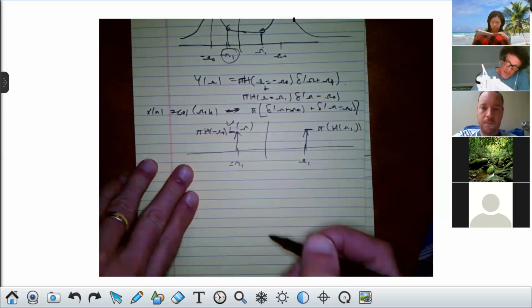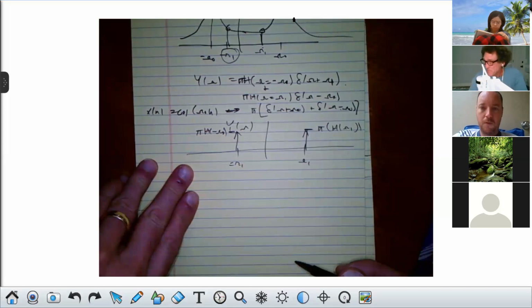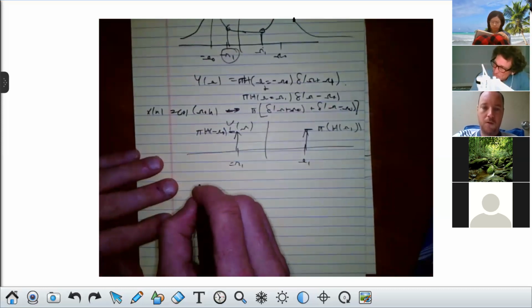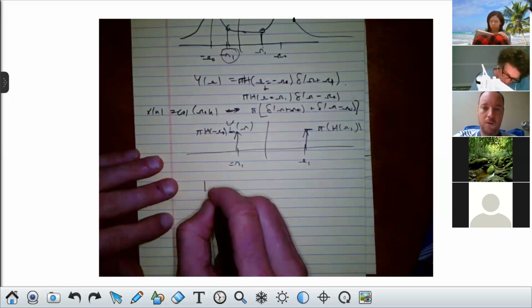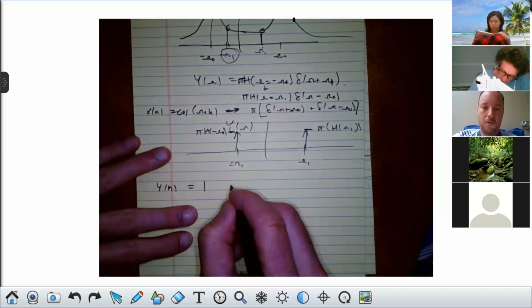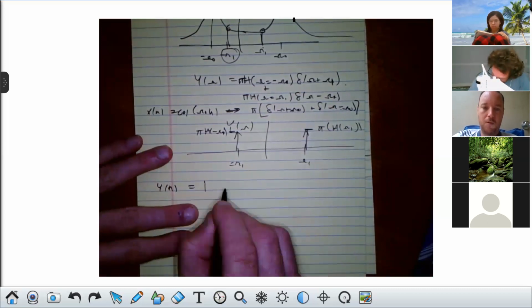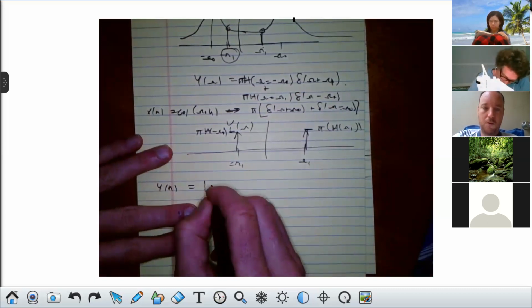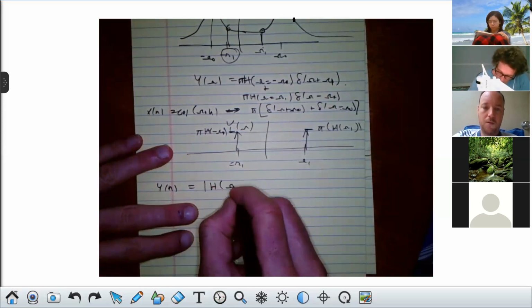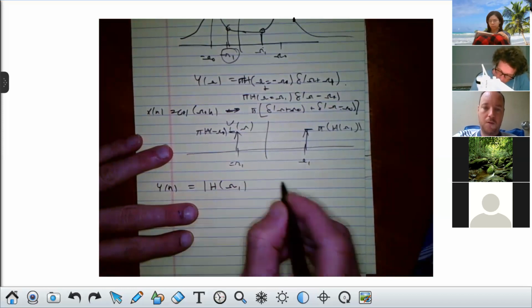Now, what does that translate back to in the time domain? Here's a beautiful thing. The only thing you get is this: your actual y of n will be simply the magnitude of the transfer function evaluated at omega 1. It'll be symmetric.